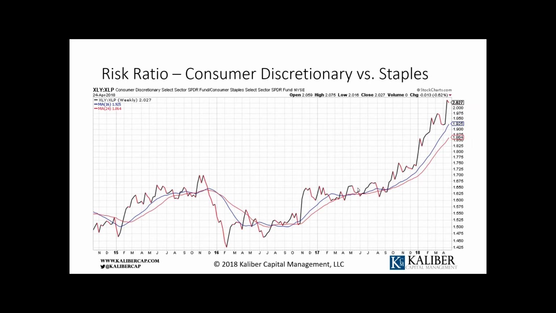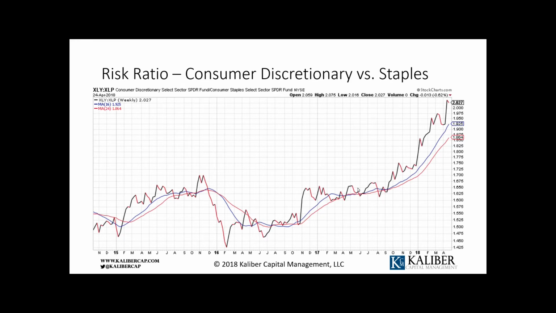This chart shows the price ratio of consumer discretionary items to consumer staples. Typically, in times of market turmoil, investors flee to stocks of consumer staples companies who make basic household items that consumers will need to buy whether we're in a recession or not. Items like toothpaste, soap, cereal, and soup.